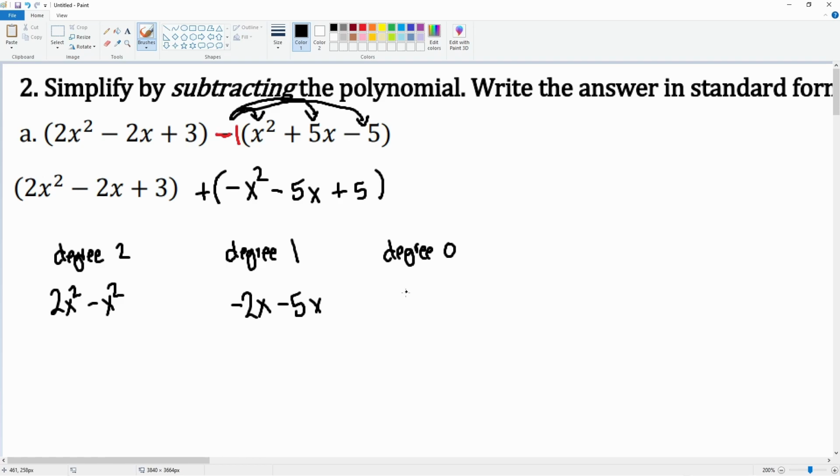And the other one would just be 3 plus 5 for the degree 0. 2x squared minus x squared is 1x squared. Minus 2x minus 5x becomes minus 7x. Then 3 plus 5 is just 8. So that is your final answer: x squared minus 7x plus 8.